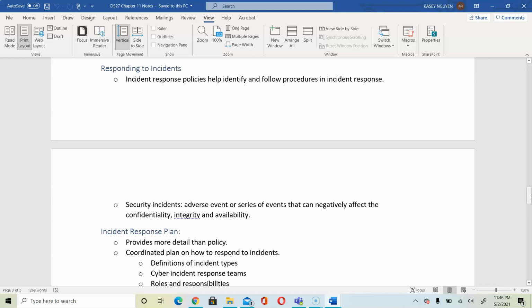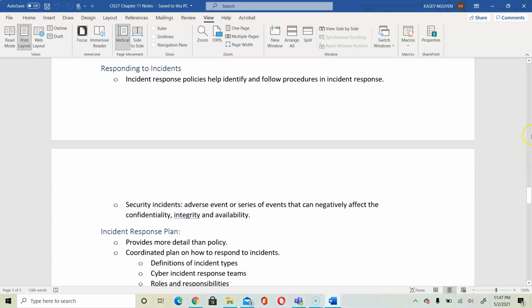Security incidents could range from attacks to inadvertently disclosed information, to malware, data leaks, and breaches. Under that, we can say those are adverse events or series of events that can negatively affect confidentiality, integrity, and availability, CIA. Anything that jeopardizes the CIA will be classified as a security incident.